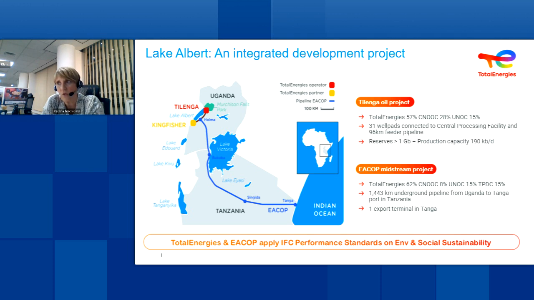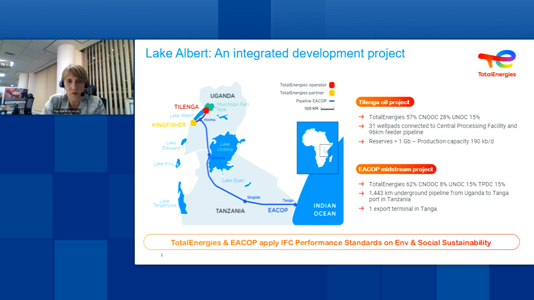We also have the Kingfisher project, which is developed by our partners. That's Chinese National Offshore Oil Company. So again, we're joint venture partners, and their development is further down the Albertine region. And it's a network of 4 well pads also connected to the central processing facility located in Hoima. We also have a midstream part. So we have the East African crude oil pipeline.